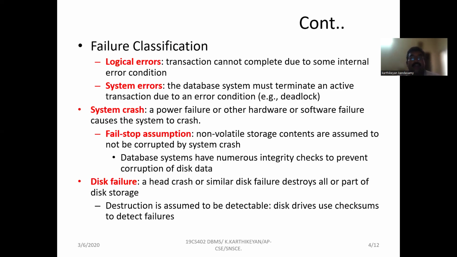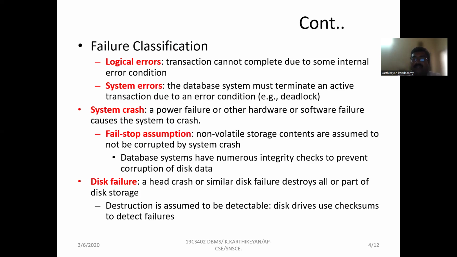Suppose the scheduler is not available in your database for your transaction. Sometimes the system shows an error. With a system crash, power failure, or other hardware or software failure, the system crashes and fails. Under the fail-stop assumption, non-volatile storage contents are assumed not to be corrupted by a system crash.